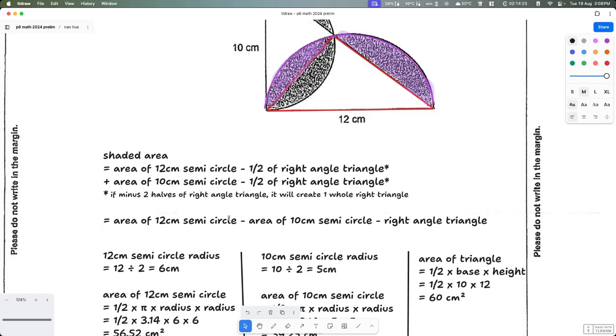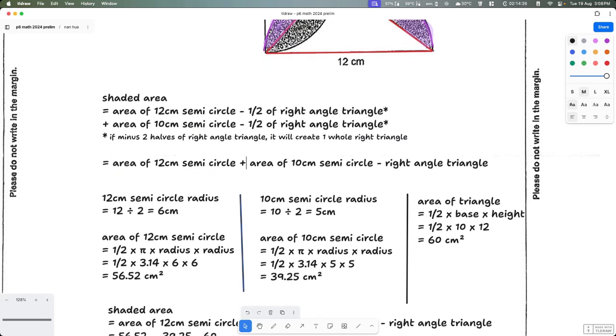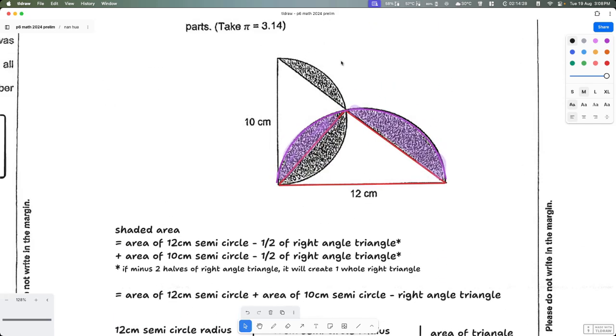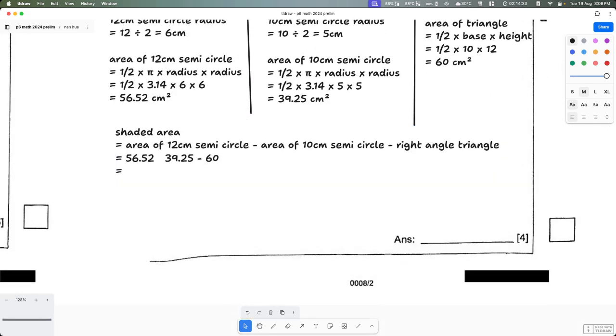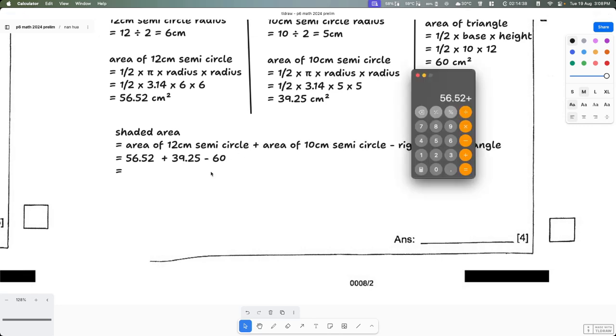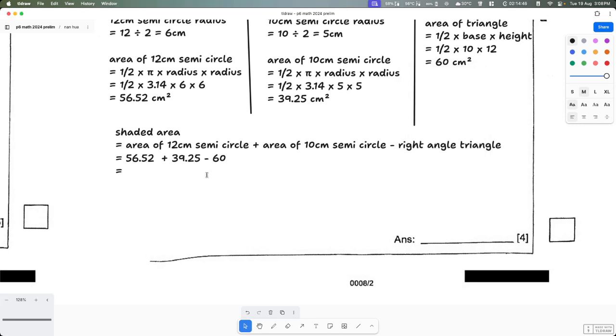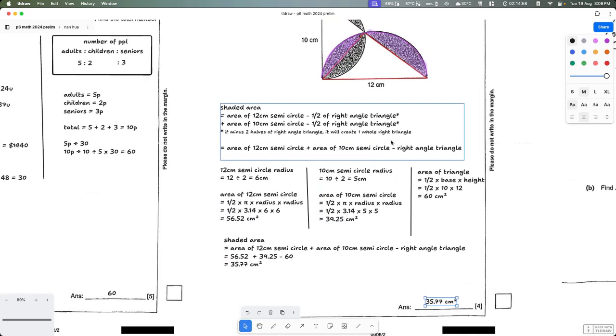This is plus instead of minus, because we are just adding the two different parts. So 56.52 plus 39.25 minus 60 gives us 35.77 centimeter square. There you go, that's the answer: 35.77 centimeter square.